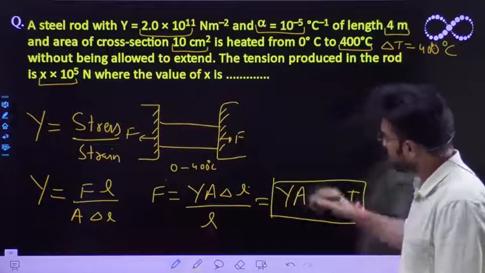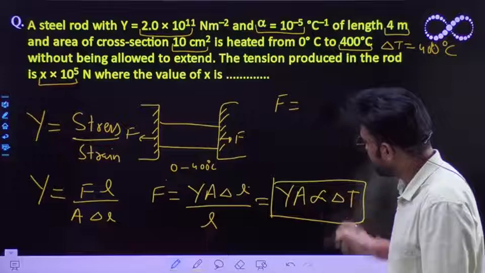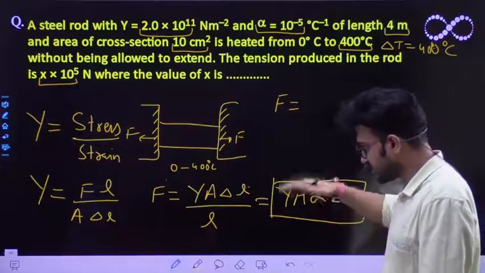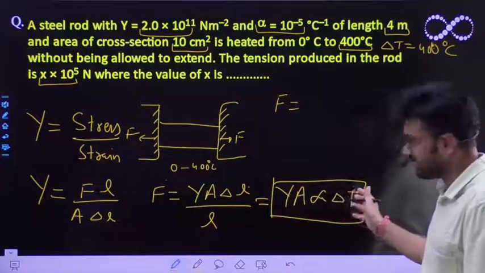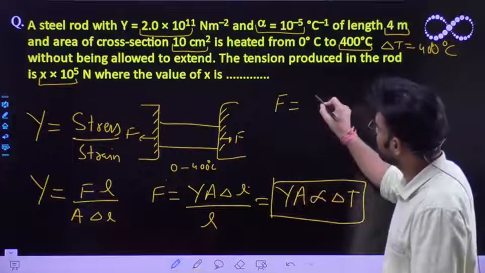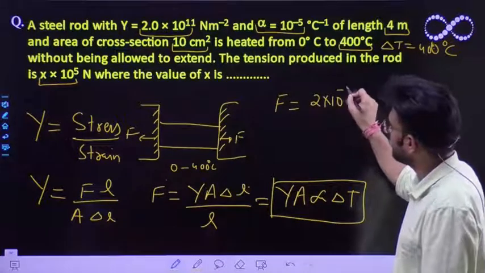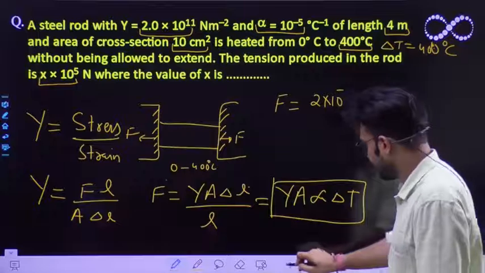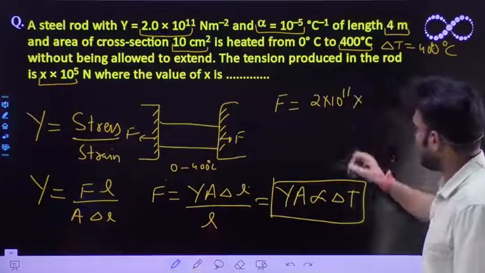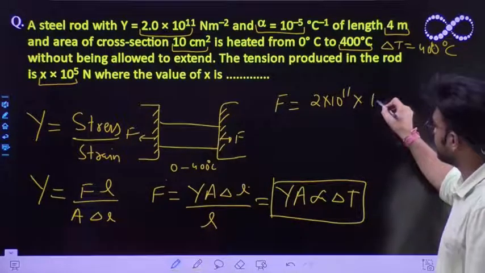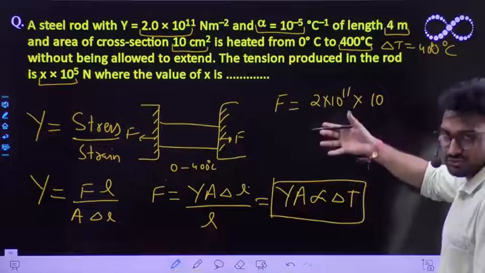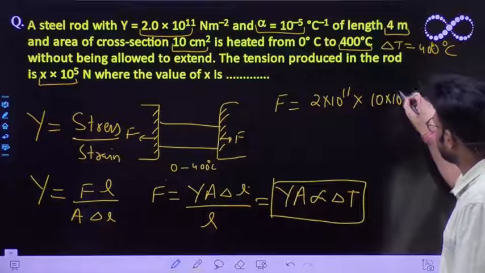Now what we're going to do is put the values of Y, A, alpha, and delta T. Y is 2 into 10 raised to power 11, and area of cross section is 10 centimeter square, so it has to be converted into meter square, so it would become 10 raised to power minus 4.